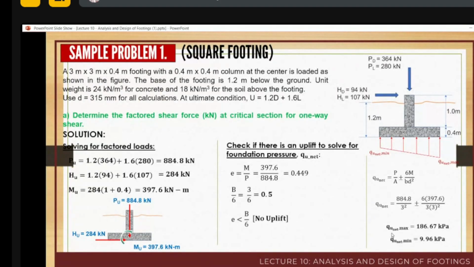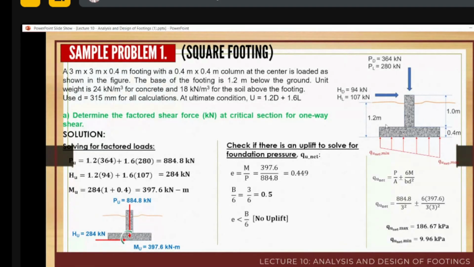So if you use the plus sign, you'll get 186.67 kPa. So this is the maximum intensity of the soil pressure due to these loadings applied to the column and transmitted to our footing. Of course, our soil would react, so the maximum intensity of the soil pressure experienced is 186.67 kPa.